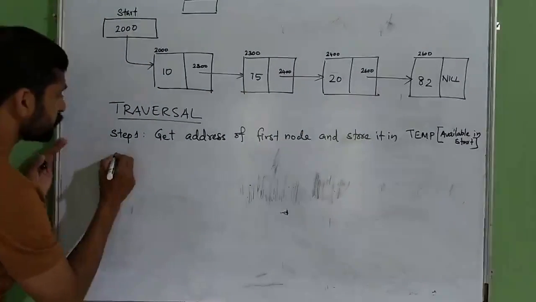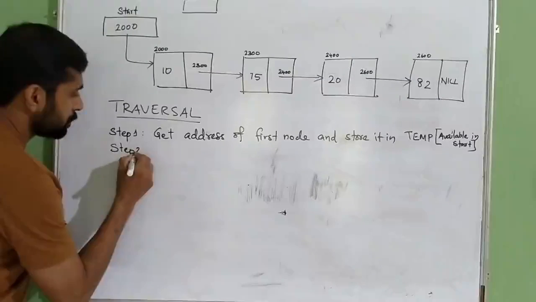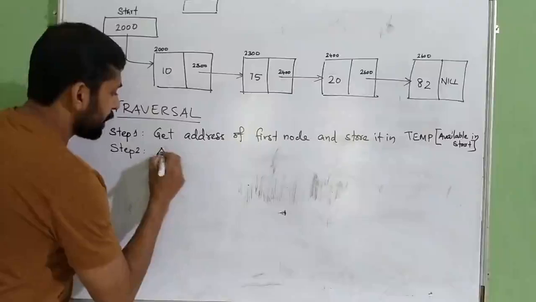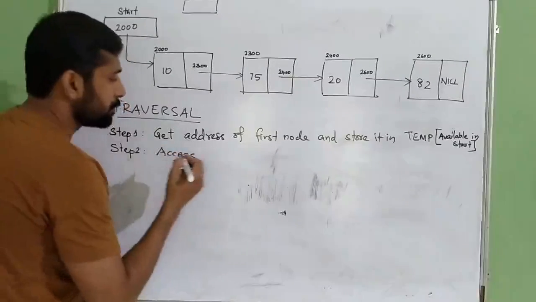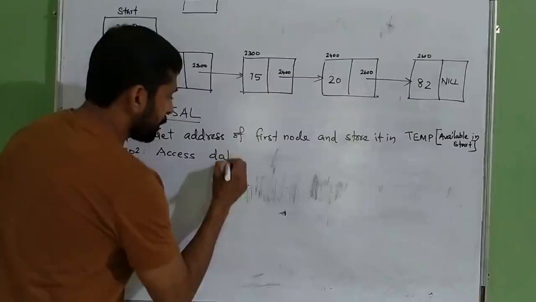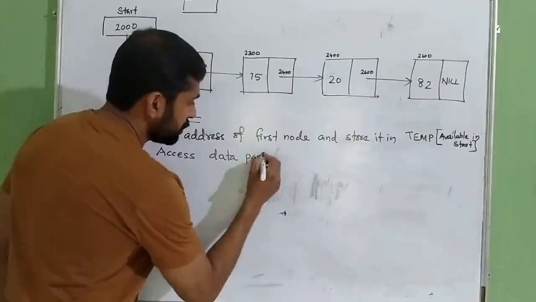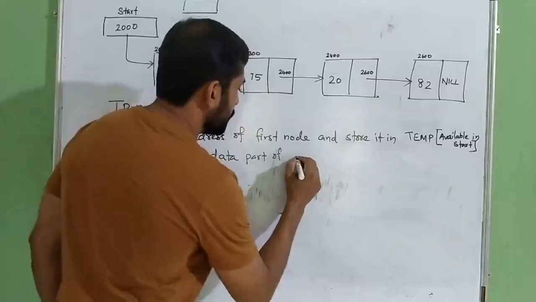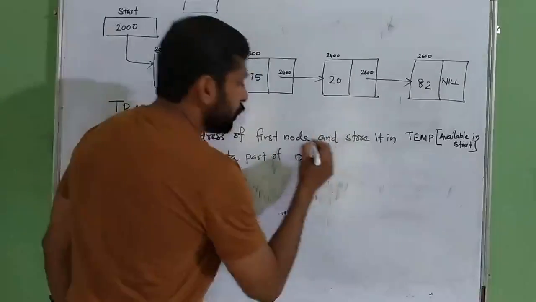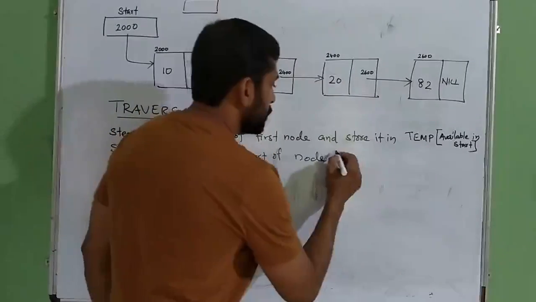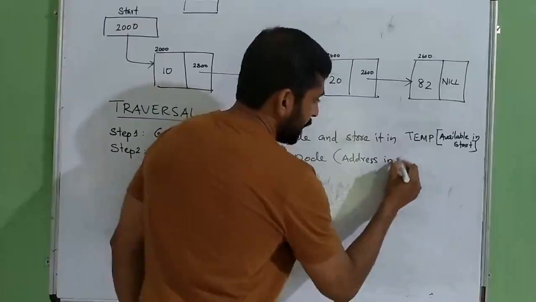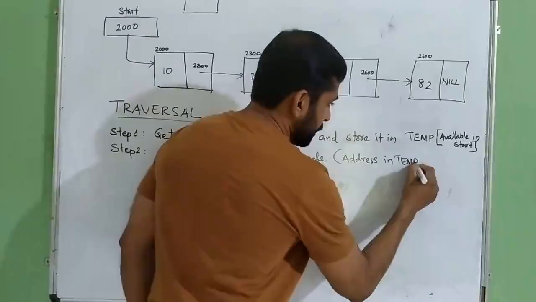Then what is step 2? Access the data part of the node whose address is in temp.